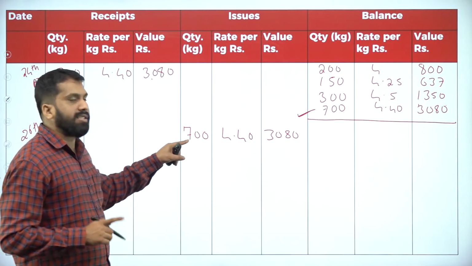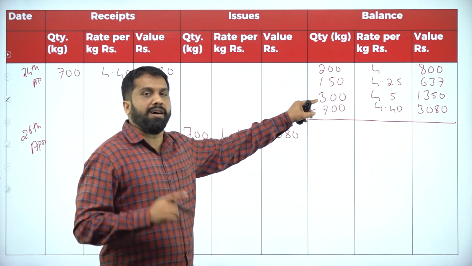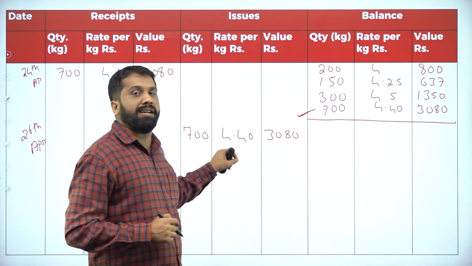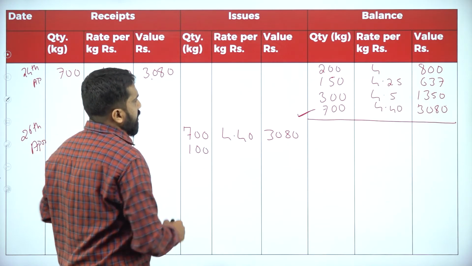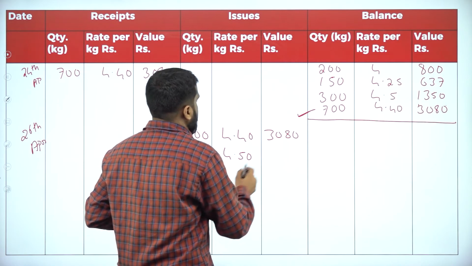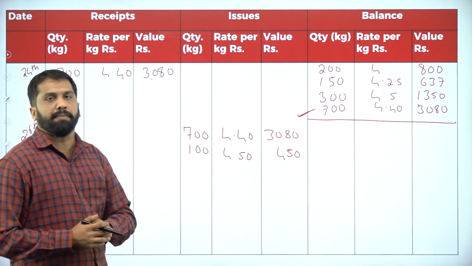How much did we take? 700. If this is not sufficient, we should go for the second box. It will be how much? 300. We need how much? Only 100. Now, 100. What is the value? 4.50. So it will be 450. Any doubt up to this?